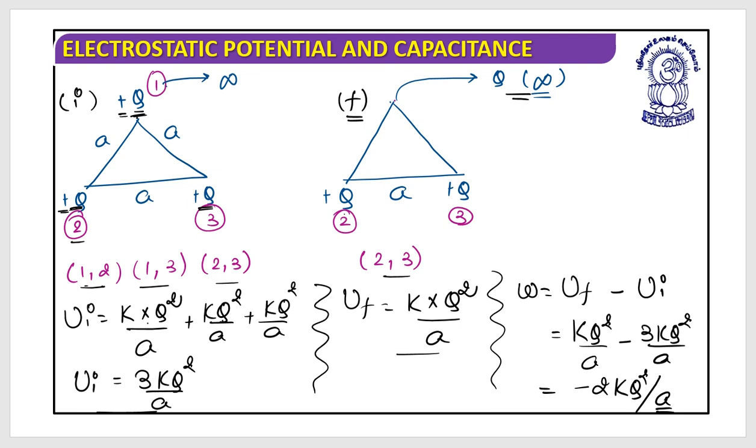If I want this to be done in such a way that a certain amount of time can be saved, then why not use that? So what I can write is that I need to perform UF minus UI.